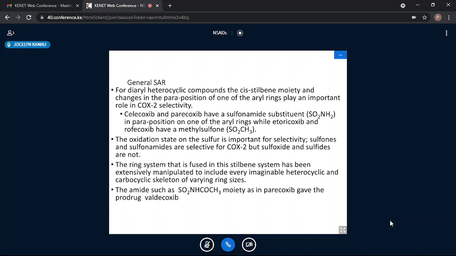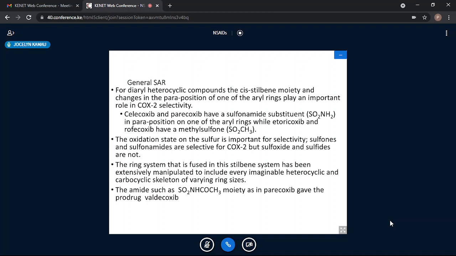And that area is, as we said, the arginine amino acid, or the guanidino moiety, which comes about because of arginine. So we did mention all those facts, and we were done, and we moved on to the coxibs.